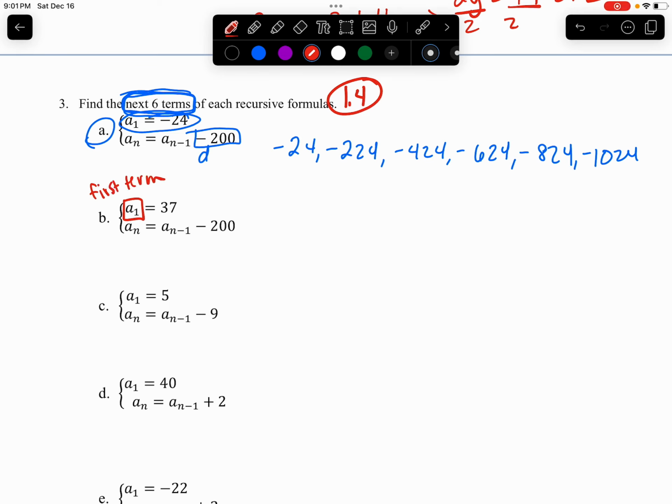Okay, so first term is 37. And remember, this negative 200 here is your common difference, aka our pattern. So each time it'll be subtracting by 200. So 37 minus 200, I think we got negative 163.